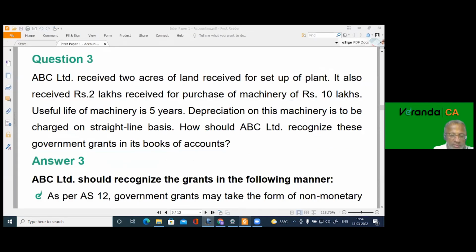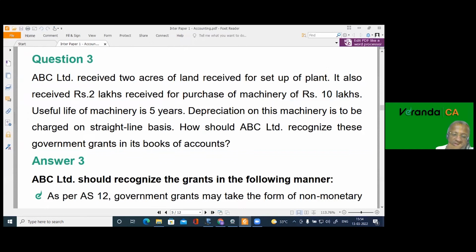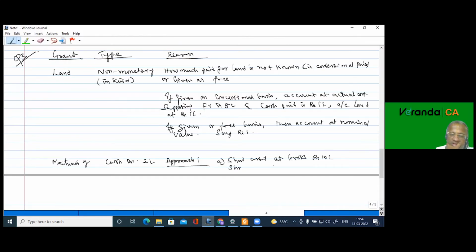Approach number 1: show the asset at gross rupees 10 lakhs and show the government grant at rupees 2 lakhs.